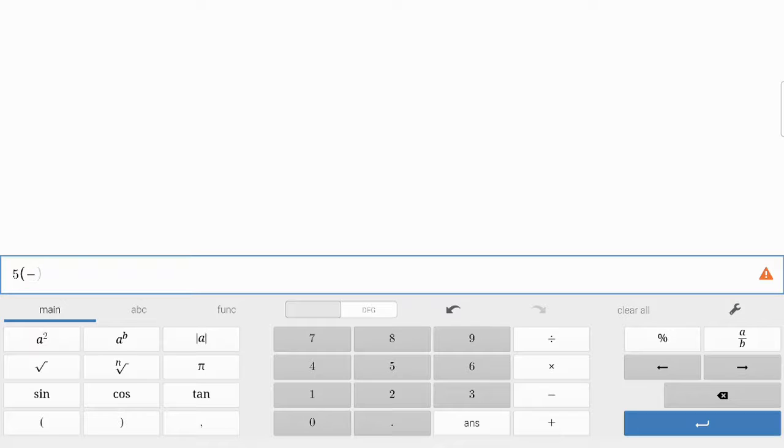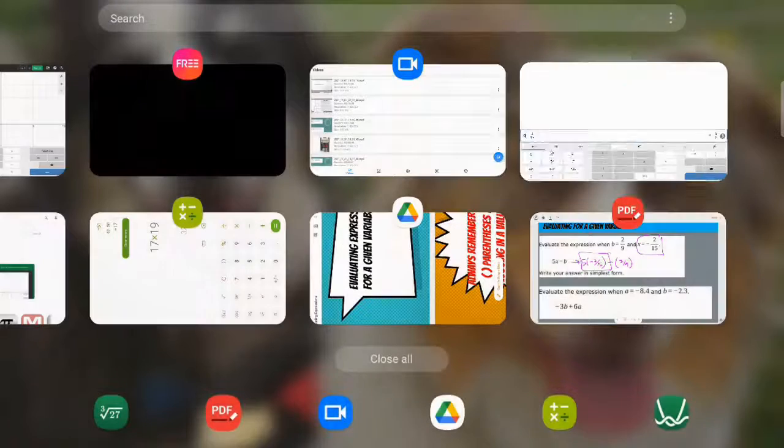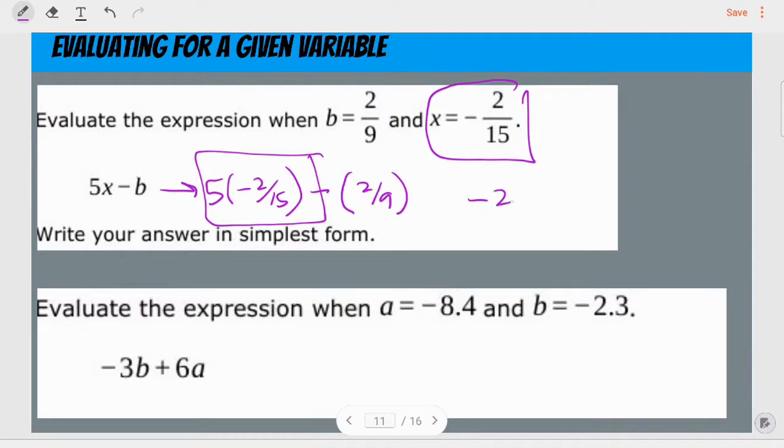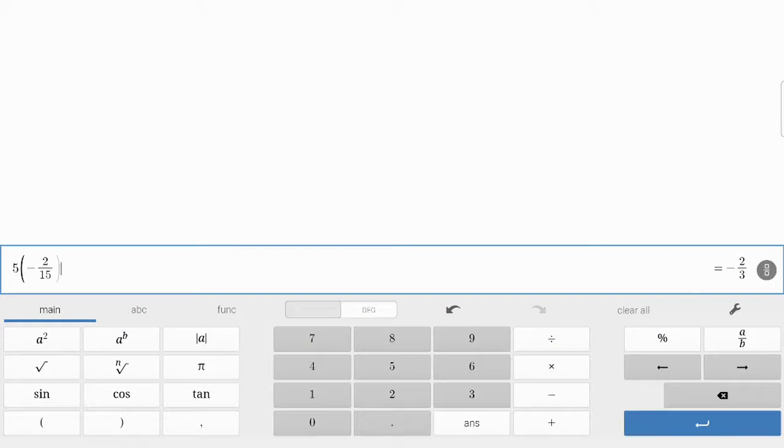-2/15. -2/15 equals, I'm going to turn that into a fraction, -2/3. Here we go. -2/3 minus 2/9. I'm going to type that into my calculator.